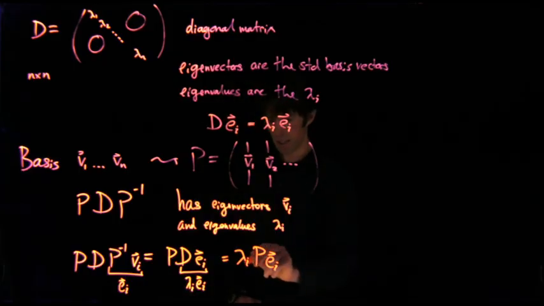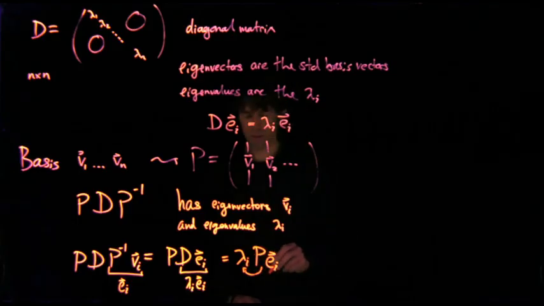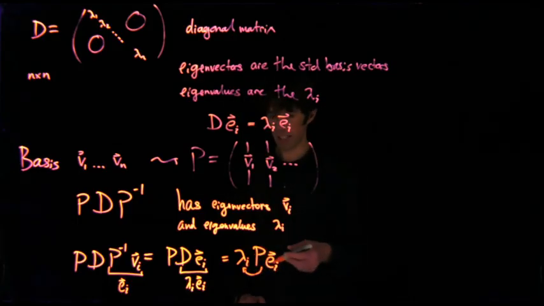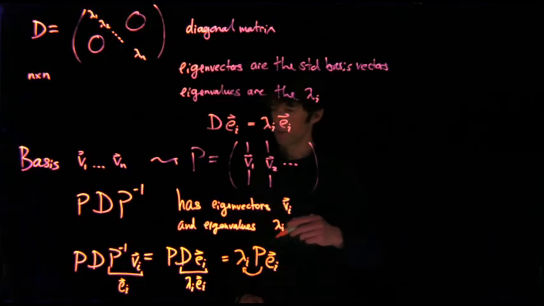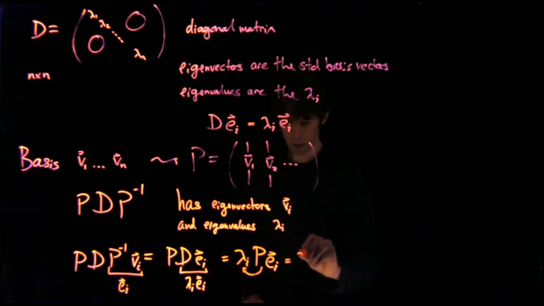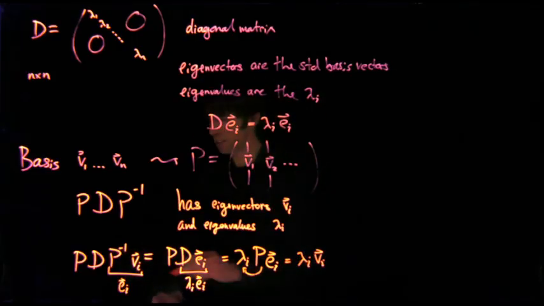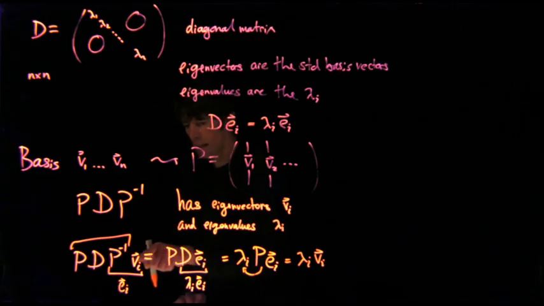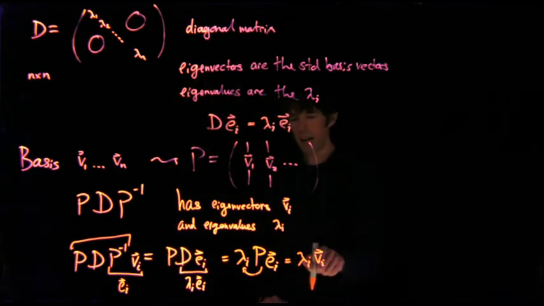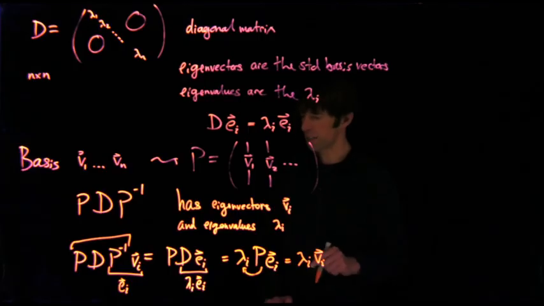I can pull this scalar lambda outside of the matrix multiplication. Matrix multiplication is linear. And then P converts from the v basis back to the standard basis. So it sends the ith standard basis vector to v_i. So we get lambda_i times v_i. So we've checked that this matrix here has v_i as an eigenvector, and lambda_i is its eigenvalue.